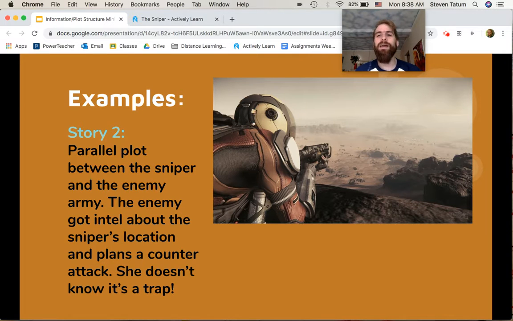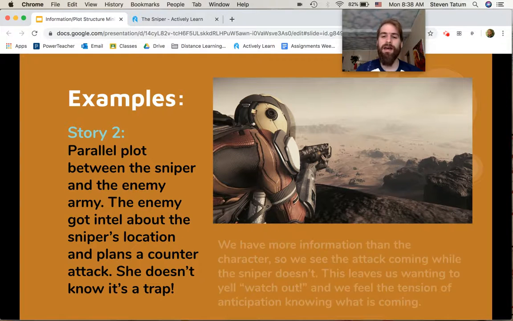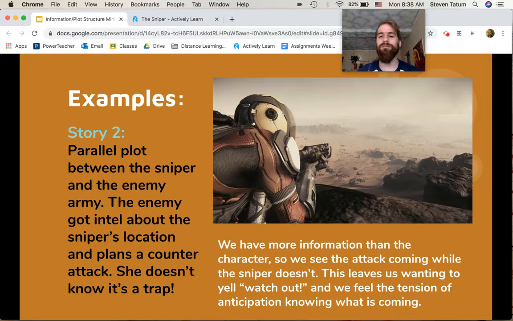In this case, we have more information than the character does because the author chose to reveal to us this other side of the story. And so when we're watching the sniper with that information that she doesn't have, we're going to be feeling more tension. We might want to yell, "Watch out." Like we see what's coming even though the character doesn't. And that creates a certain kind of emotion as you're reading.